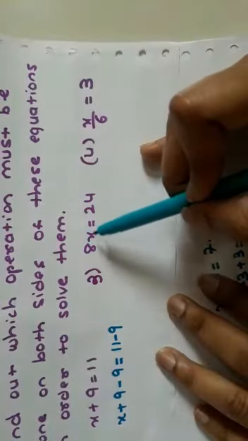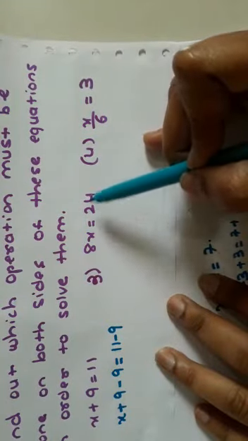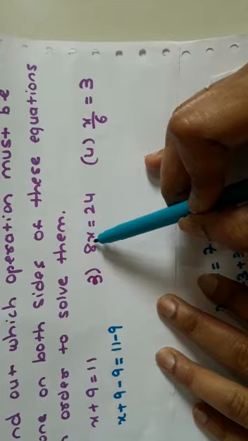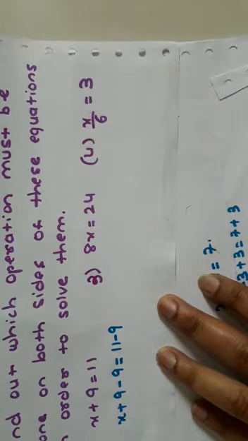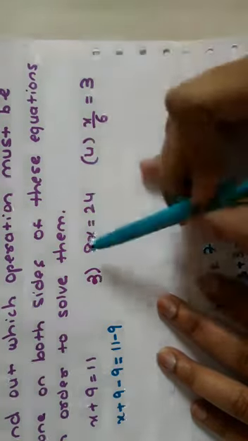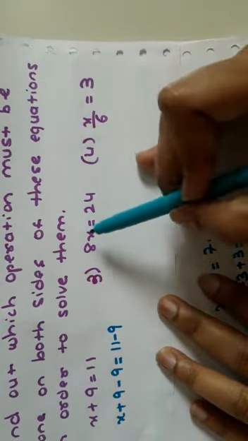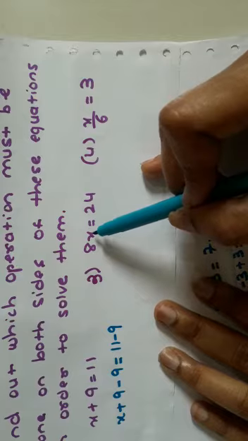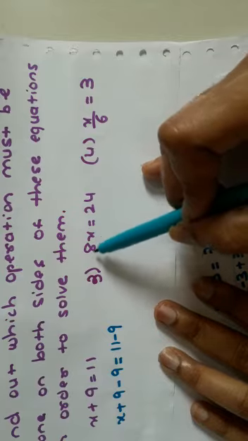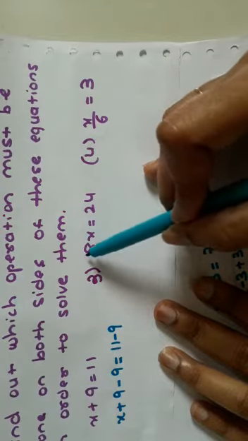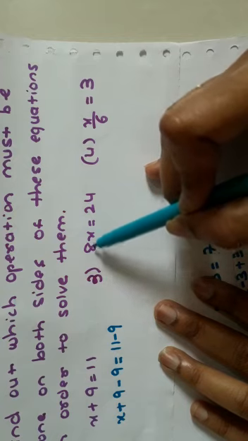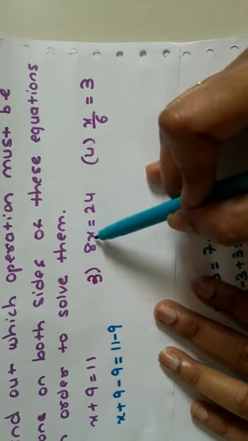Third one, 8x is equal to 24. Now here there is no operation. So whenever there is no operation, always take it as multiplication. So this is 8 into x. 8 into x is 8x. So to get the value of the variable x, we have to eliminate 8. And here the operation between 8 and x is multiplication.